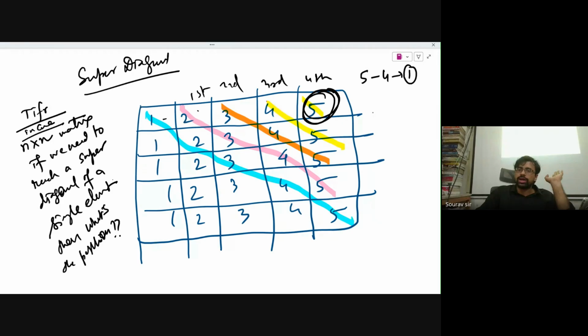देखो फर्स्ट वाले का क्या होगा? This diagonal has n elements. दूसरा, first super diagonal has n minus 1 elements. Second one will have n minus 2.